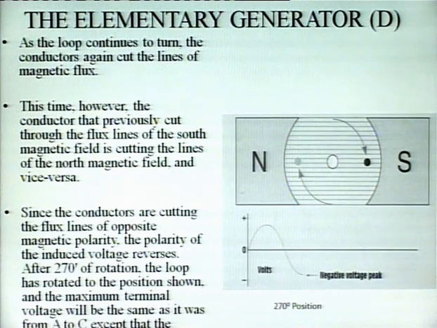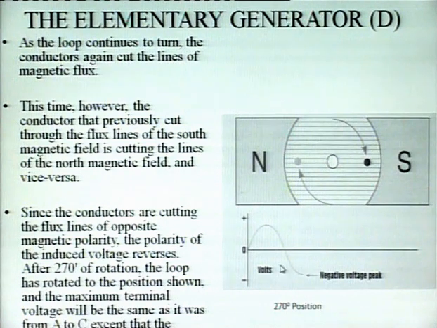Now, if we give further rotation, that is from 180 to 270 degree, the flux cutting again starts increasing from 180 degree to 270 degree, but in this position now the white conductor is moving under the influence of the north magnet, which was previously moving under the influence of the south magnet.